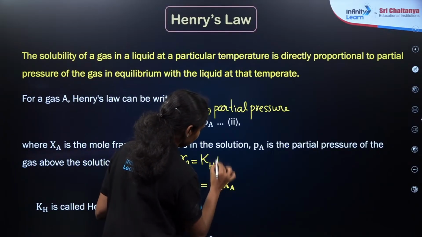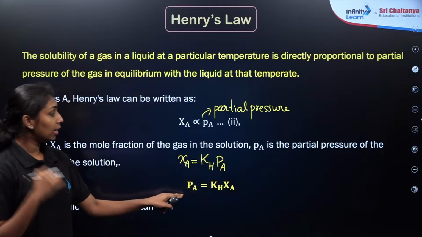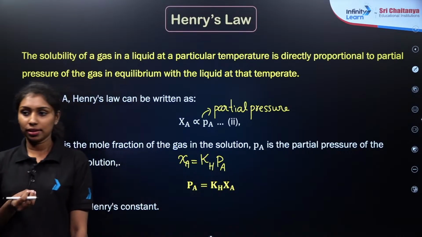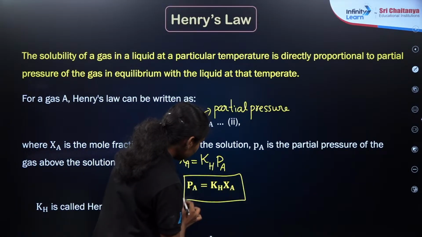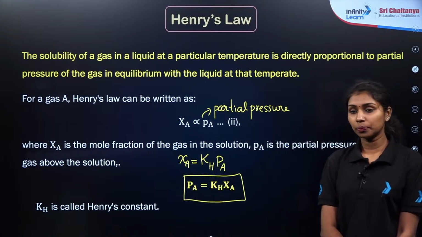This constant is known as Henry's constant. Otherwise, we can also write the same Henry's law as PA is equal to KH into chi A. Clear? This is the mathematical expression for Henry's law. Based on these equations, you may get more numerical problems in the JEE Main examinations.